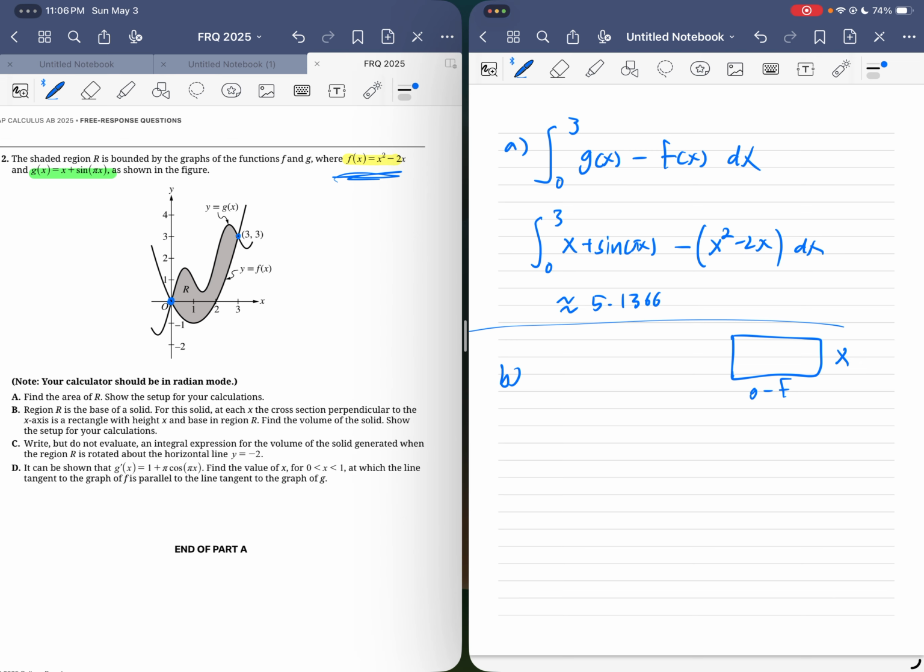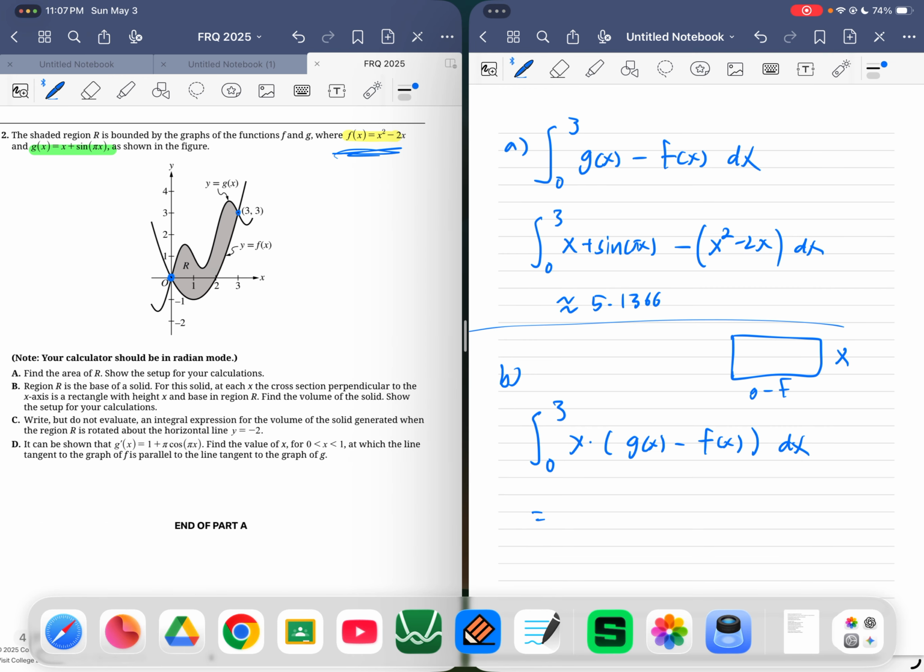Show the setup. This one is just 0 to 3. Our area of the rectangle is base times height. That's the base, that's the height, right? So I'm going to put x times g of x minus f of x. That's it.